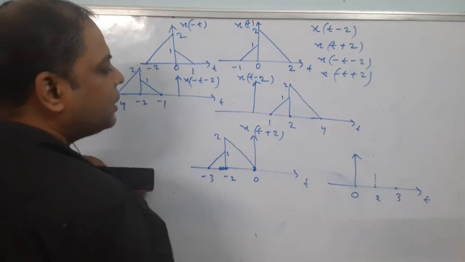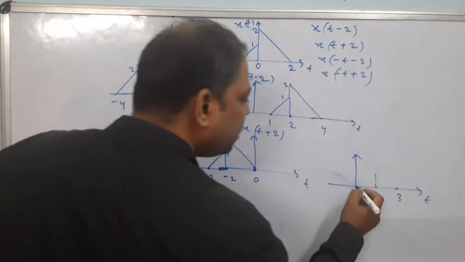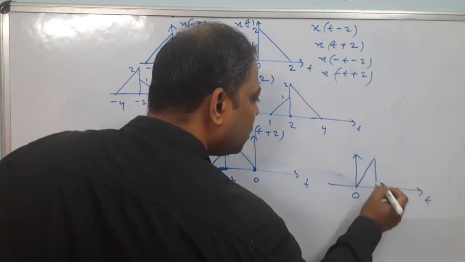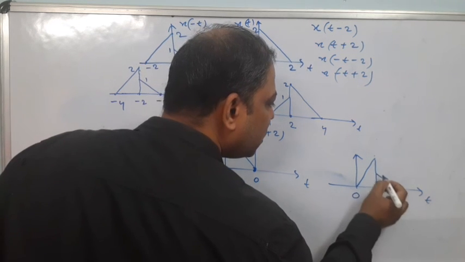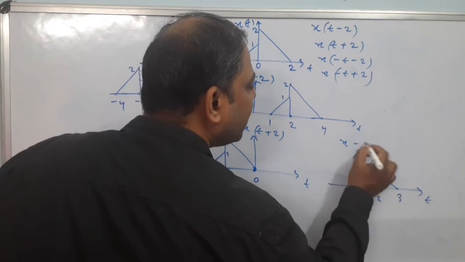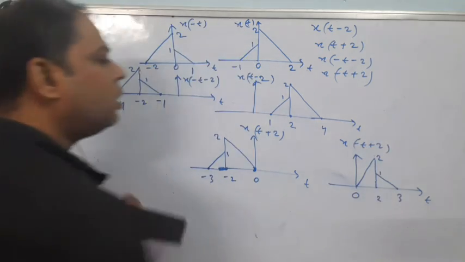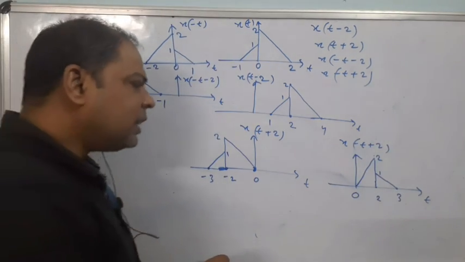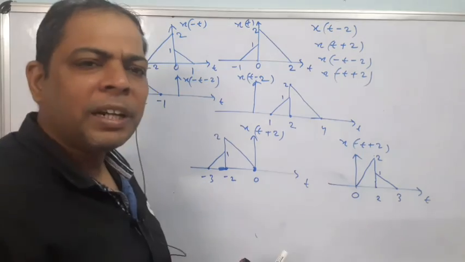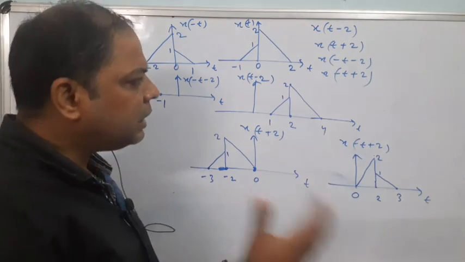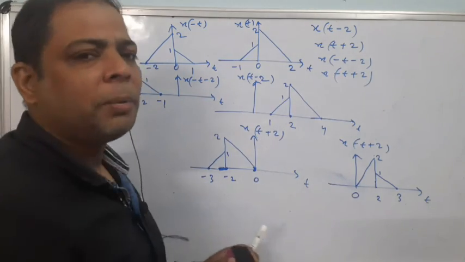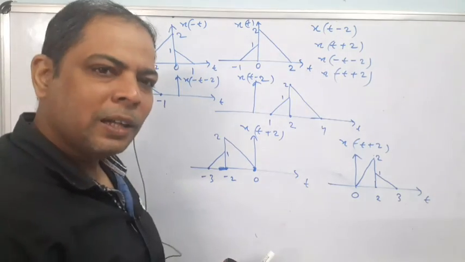Okay. So you just mark, this figure we are shifting. So here it is 2, here it is 1. This is x of minus t plus 2. Understood or not? Okay. So in this way, any complicated plot given to you, you can easily plot the shifted version of that plot. Okay. Thank you.